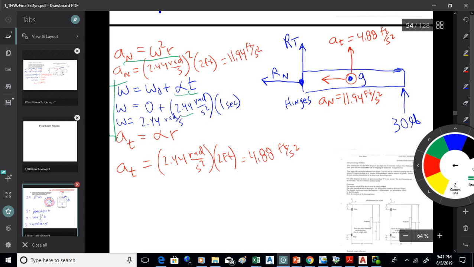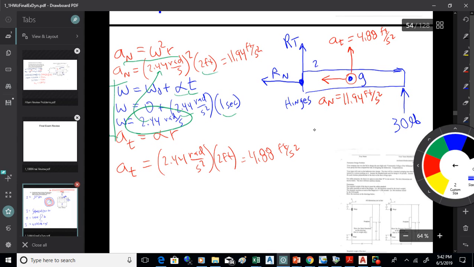Unfortunately, I set this problem up to have a time of 1 second, which makes omega equal alpha, which is a little bit unusual. That normally would not be the case, but on account of the fact I set the problem up with the time equal to 1 second, it turns out that omega is equal to alpha. So we plug that in and square it, multiply it by the 2 feet.